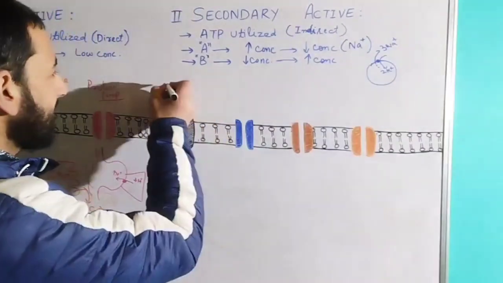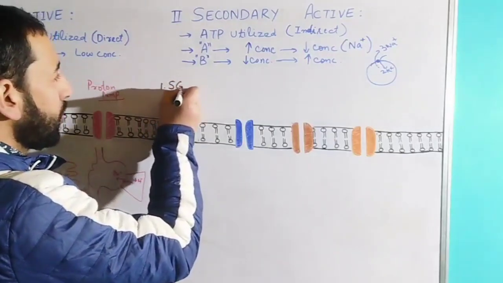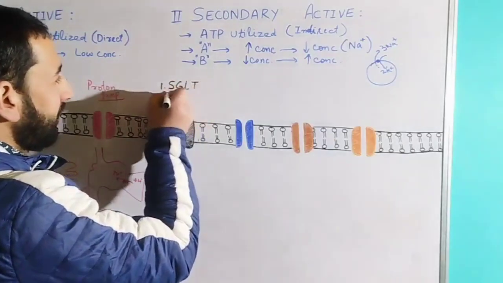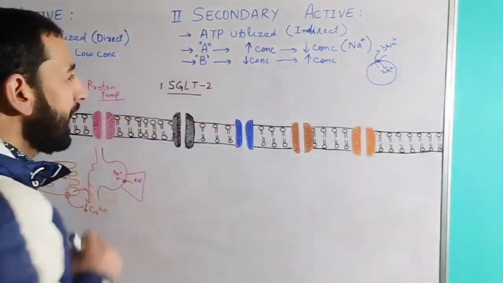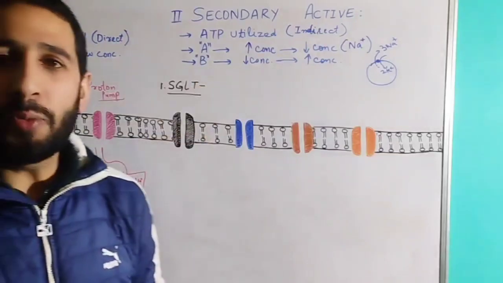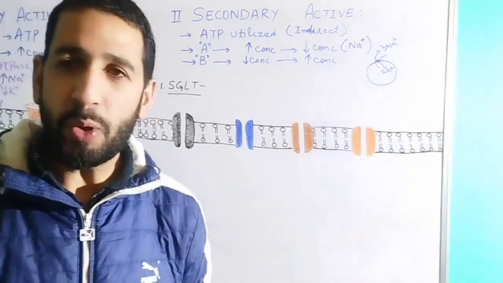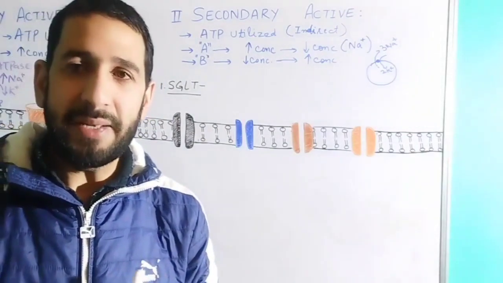Now, the first example is the sodium glucose cotransporter. We call it SGLT. The best example of this sodium glucose cotransporter is in the nephron.